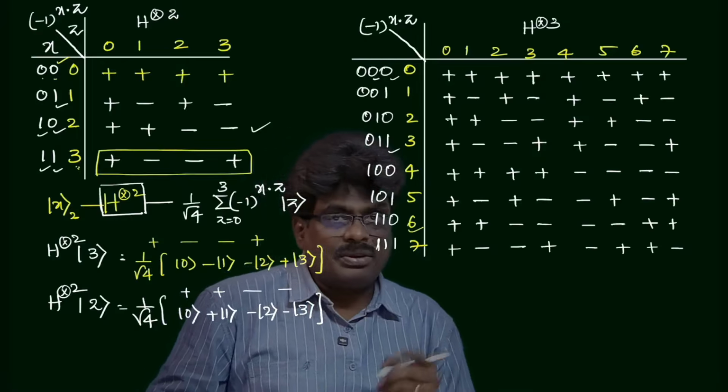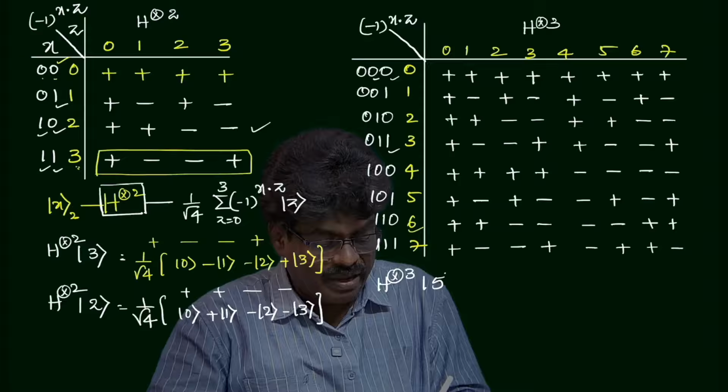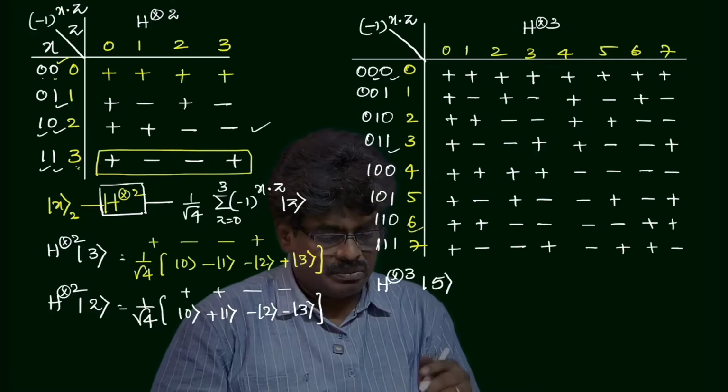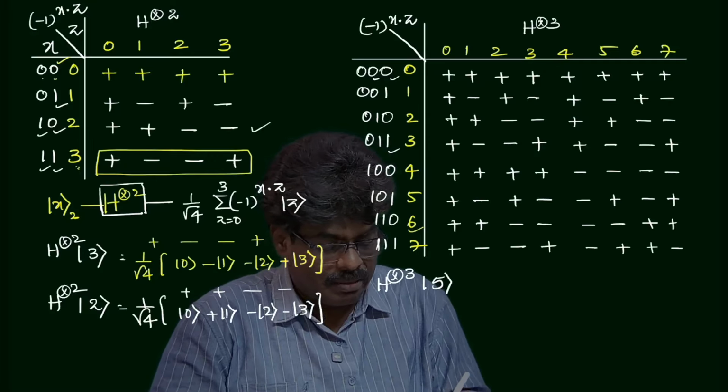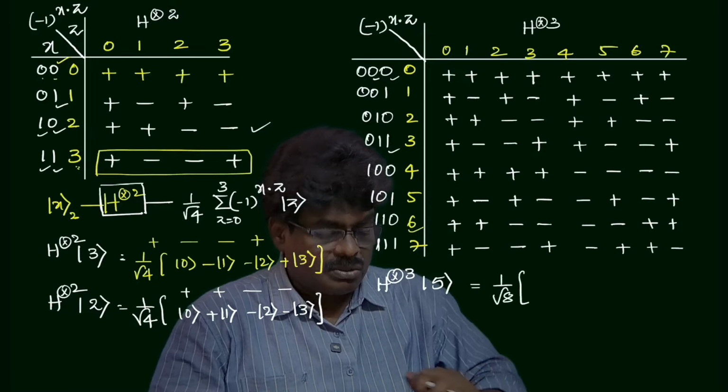Let us take 3 qubits. For example, if you want to find H tensor 3 operating on 5. Most of the quantum algorithms will use this type of operation. So here 1 over root 8. What are the phase factors?